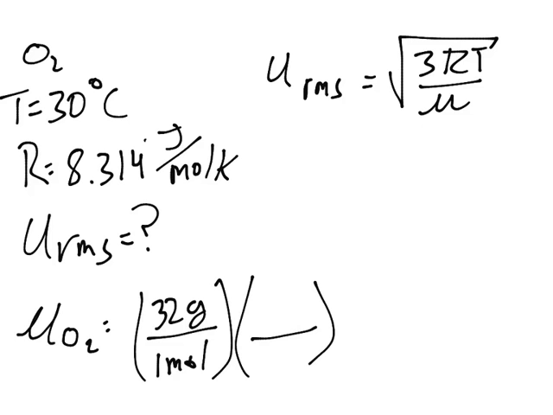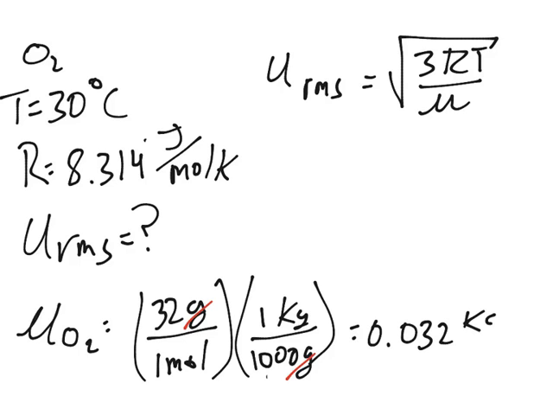And we want it in kilograms, so a kilogram is 1,000 grams. So this goes with this, and our units are kilograms per mole, so it's fine. So 0.032 kilograms per mole.